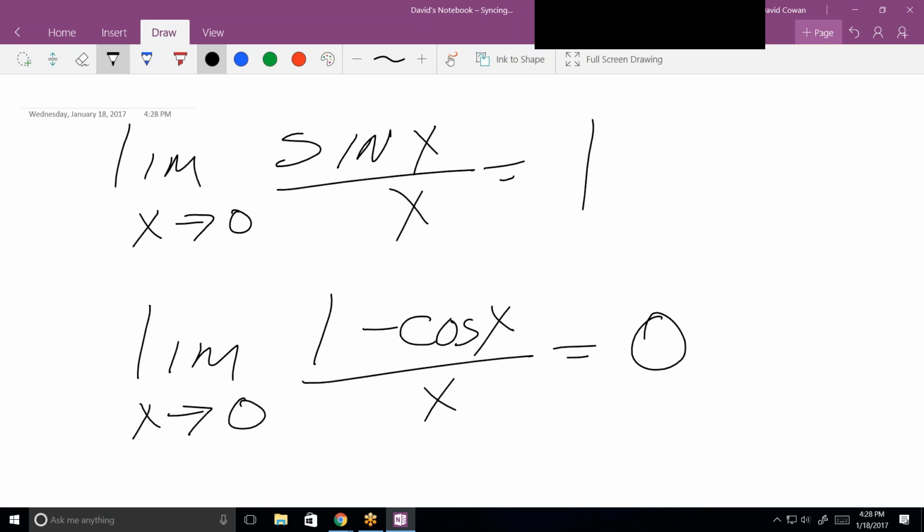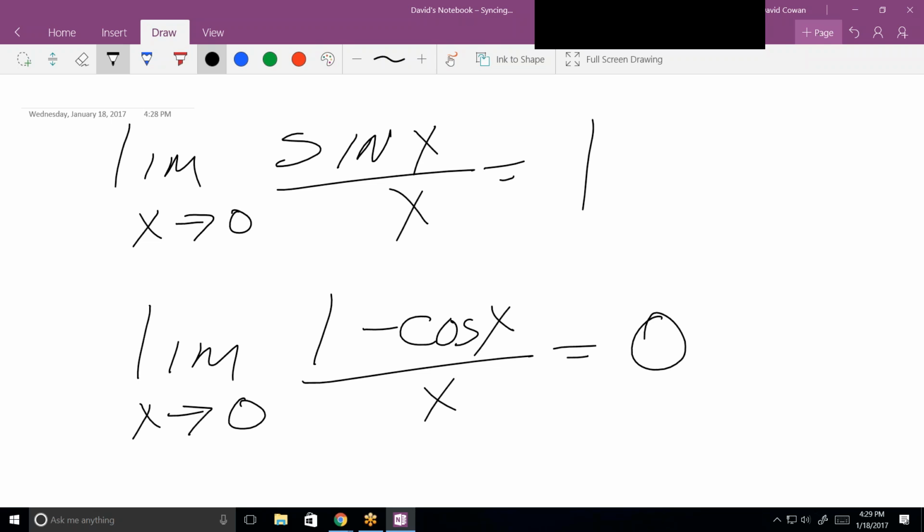Tangent, just remember your trig identities. Your trig identities are huge, incidentally, in calculus. It's amazing how many calculus problems you need to use your trig identities. You need to know that tangent is sine over cosine.